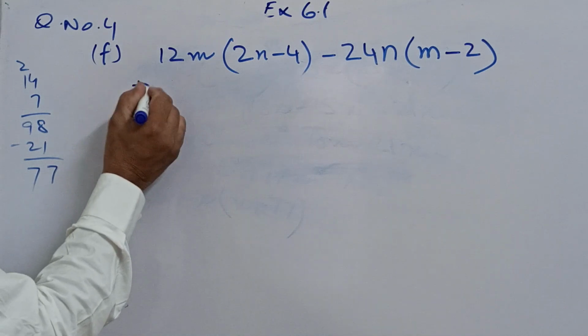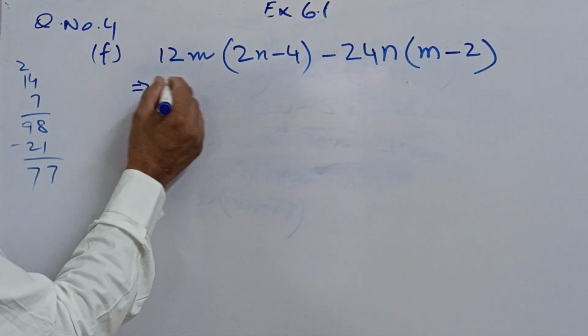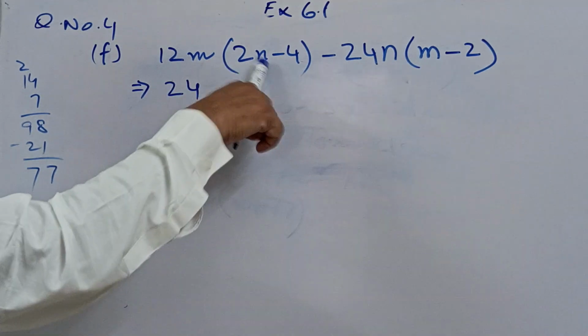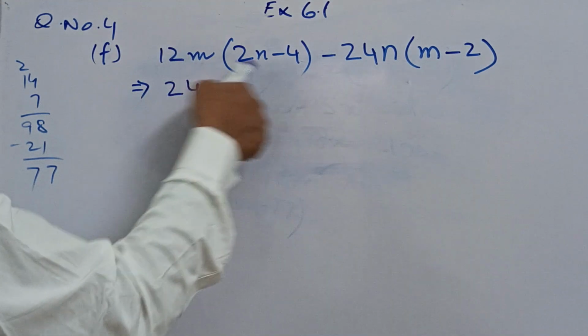Now let me proceed. Similarly, 12 times 2 is 24. And now you see that the bases are different here, so you can multiply two different bases together.